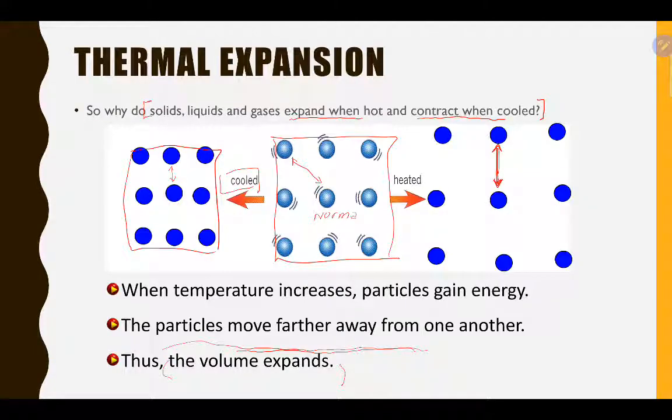This was normal before it's heated. The distance is longer, so the volume expands. Because they are further away from each other, they become bigger. This is what happens when it's cooled down. This is what happens when it's heated.